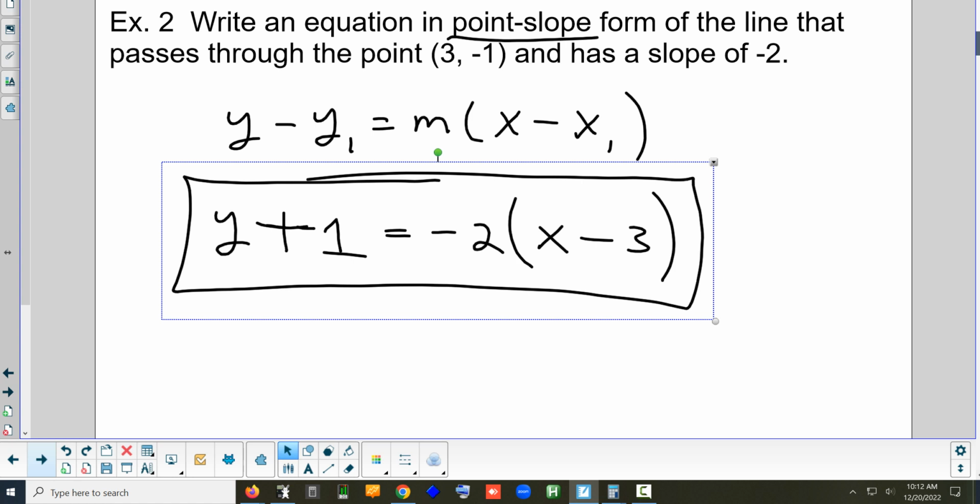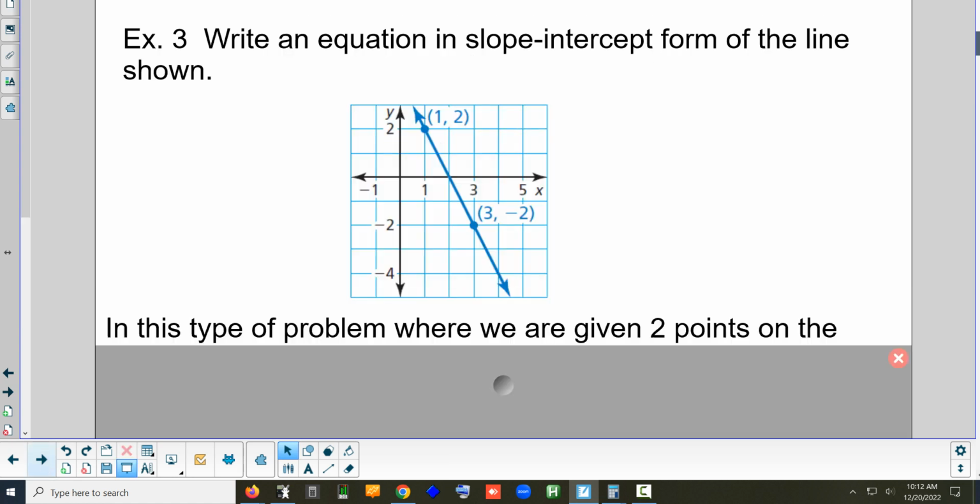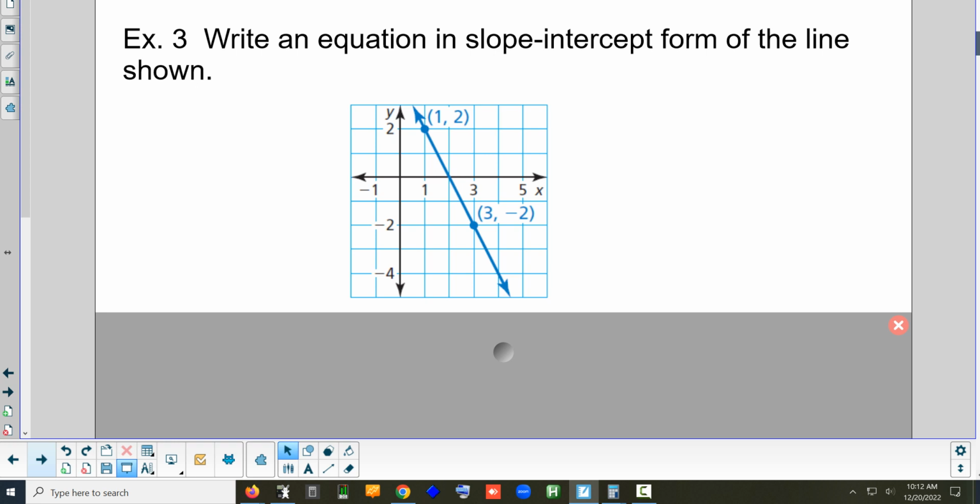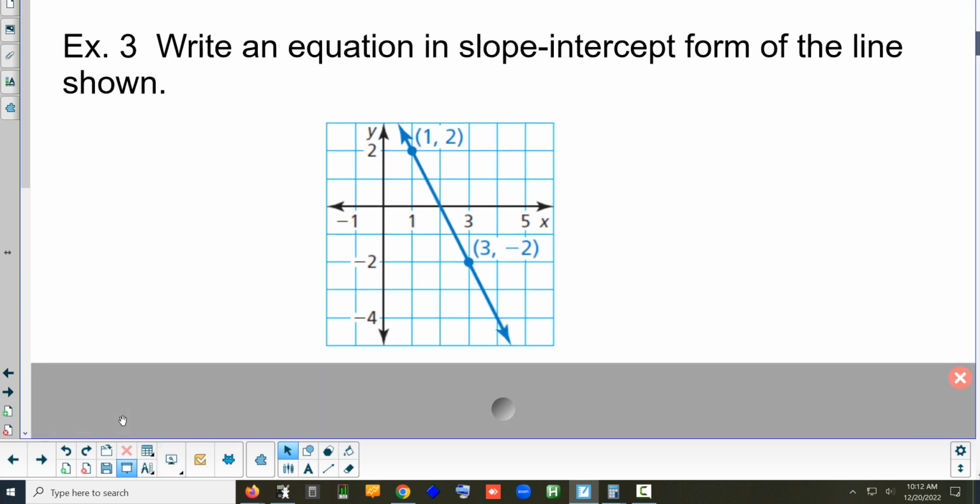Okay. Let's see this one. So this looks kind of like what we did yesterday, a little bit. But can anyone tell me what is different about the points they gave you? Yeah, there's no 0.